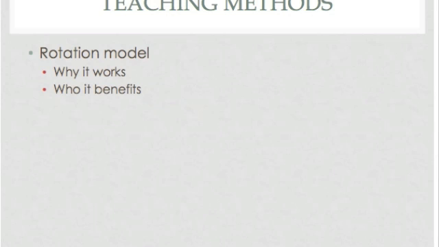I want to also address my teaching methods in this intervention plan. The way that I structured this intervention plan was around a rotation model. And the reason why I chose this was because there is a reason that it works. Rotation models work because they keep the students engaged in their learning.